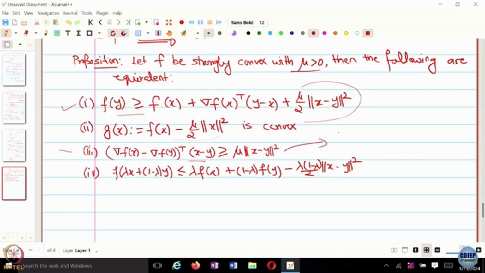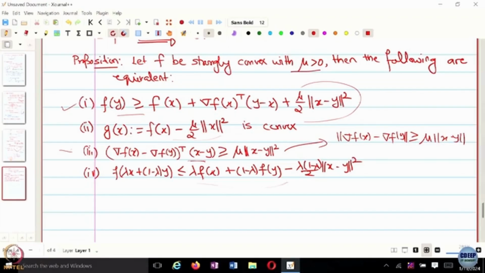So an implication of this would be this. This is one of the conditions, basically the implication of this third one.